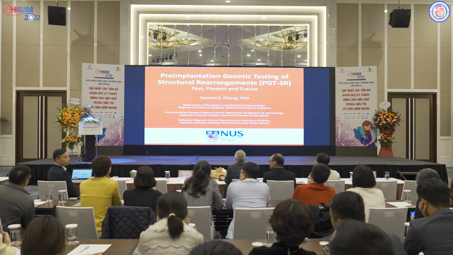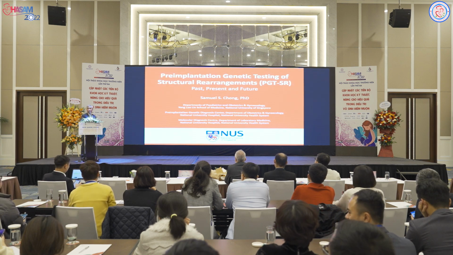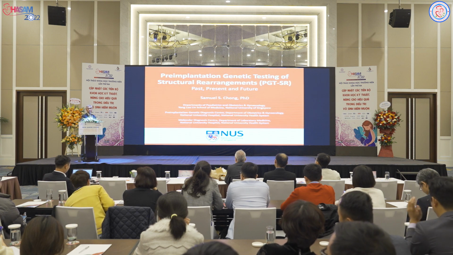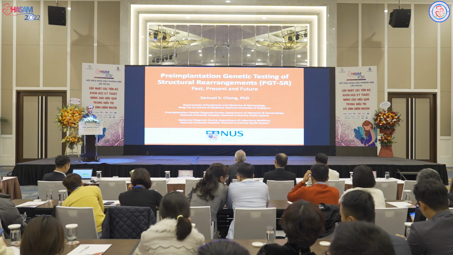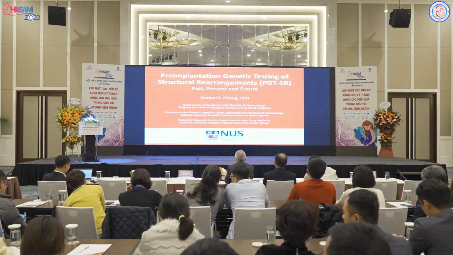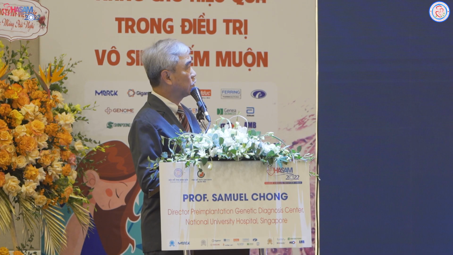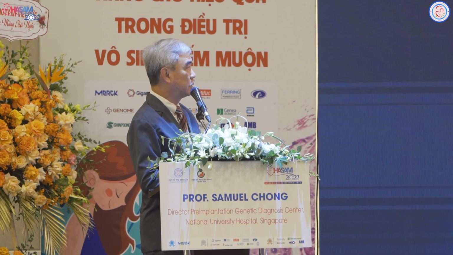Anyways, I'll be focusing on one particular topic about pre-implantation testing, because Dr. James Marshall has already given a very comprehensive, wonderful overview of pre-implantation genetic testing of monogenic disease, aneuploidy, as well as structural rearrangements. So I just want to focus now on the structural rearrangements and take you on a historical ride on how this all started.